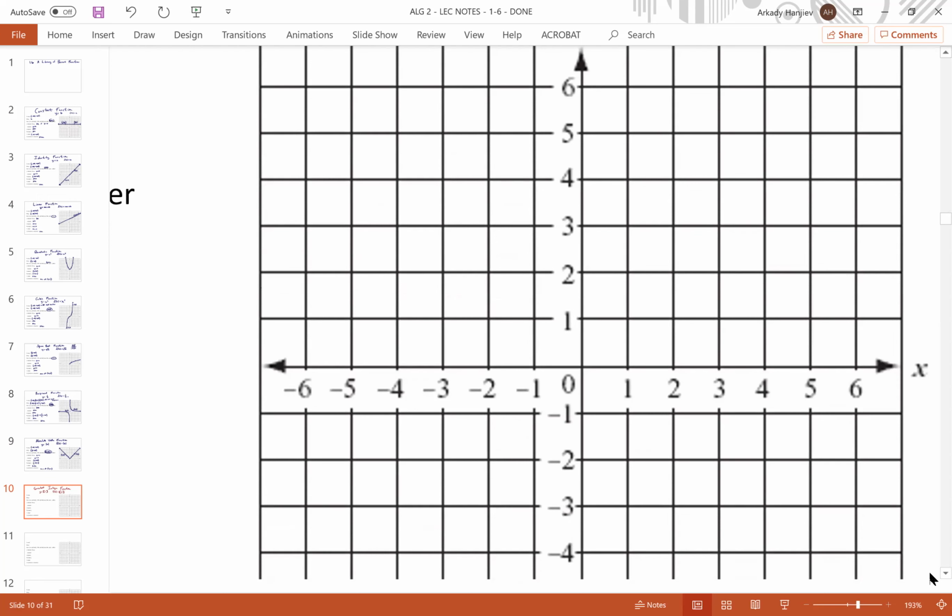It's a closed dot at 0, 0, and we stretch this out along the 0 up to 1. And right at 1, we're going to put an open dot. So it goes like this. And then what happens? It jumps to the next one here. So it's a closed dot at 1, 1. It starts going horizontally to the right, and right at 2, you're going to put another open dot.